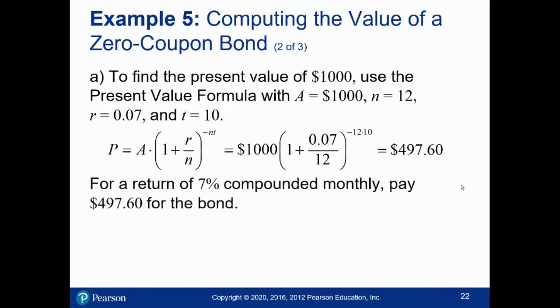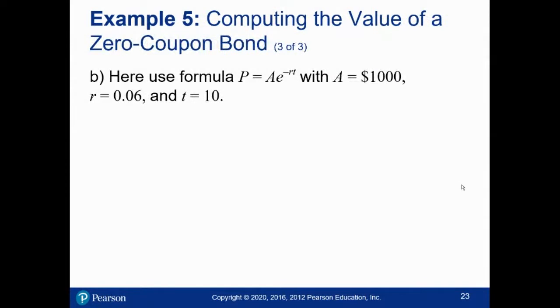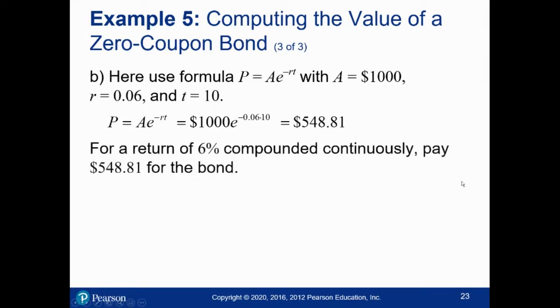So that's what I would be willing to pay for that bond. On the other hand, continuous compounding uses a slightly different formula, and we're using a different interest rate, 6% instead of 7%. There, I think that bond is worth $548.81. So for 6% compounded continuously, I would pay $548.81 for the bond.